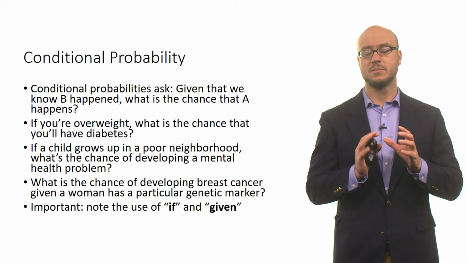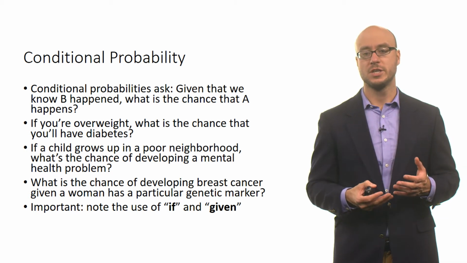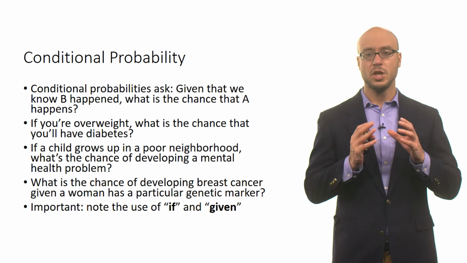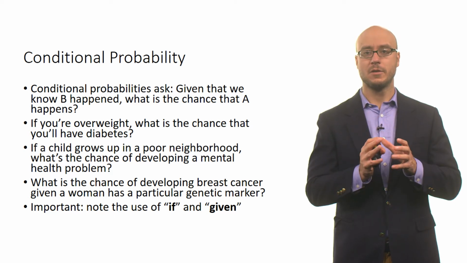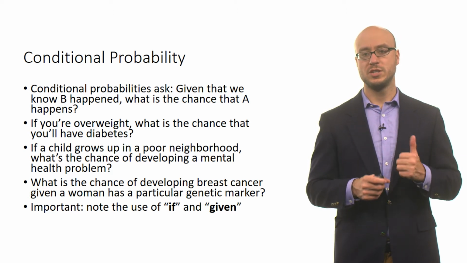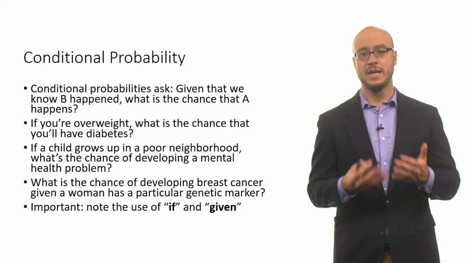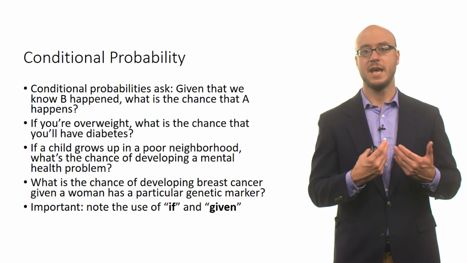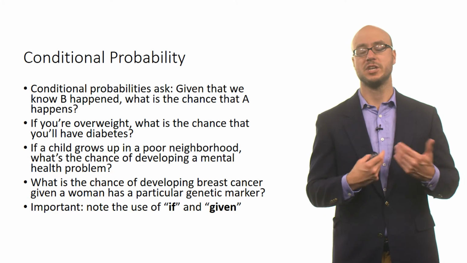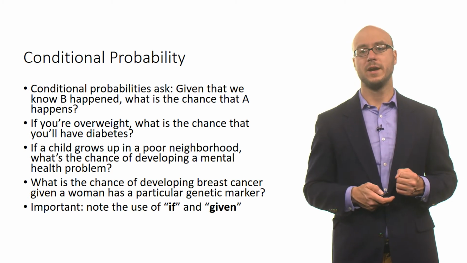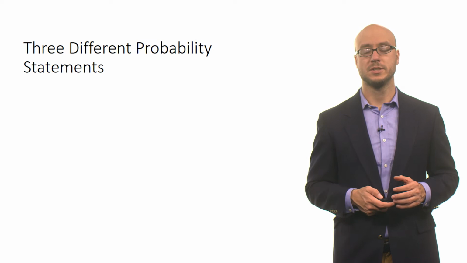Whenever you see some kind of phrase or question of interest, you know that you are encountering some conditioning when you see the words if or given. So given B happened, what's the chance A happens? If B happens, what's the chance A happens? These are all ways of stating conditional probabilities.